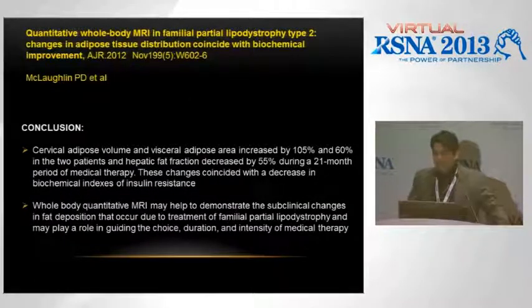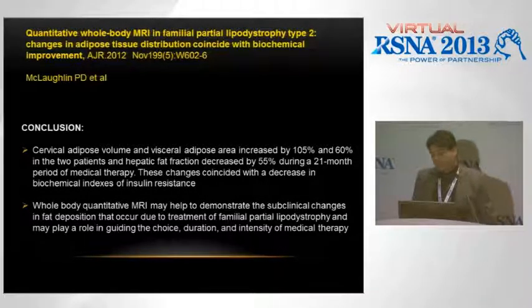This was an exciting indication, the use of whole body MR in familial partial lipodystrophy. They did find that, from the redistribution of fat in the body, wherein the cervical and the visceral adipose tissue increased in this set of patients on treatment and the hepatic fat fraction decreased, they were able to demonstrate the improvement with biochemical indexes of insulin resistance.